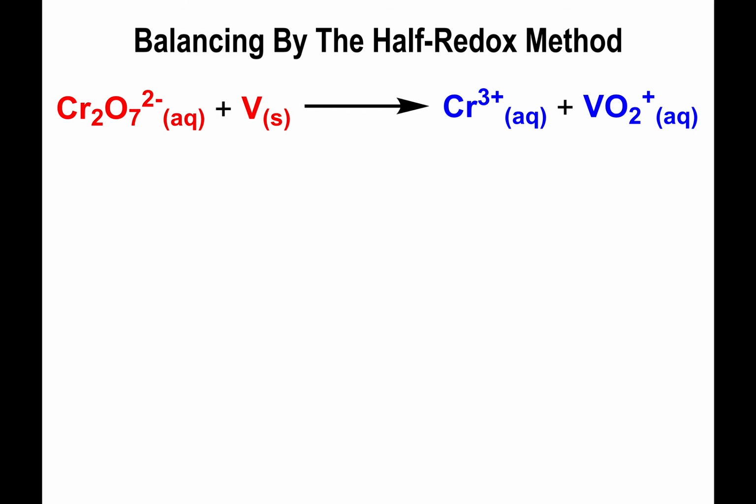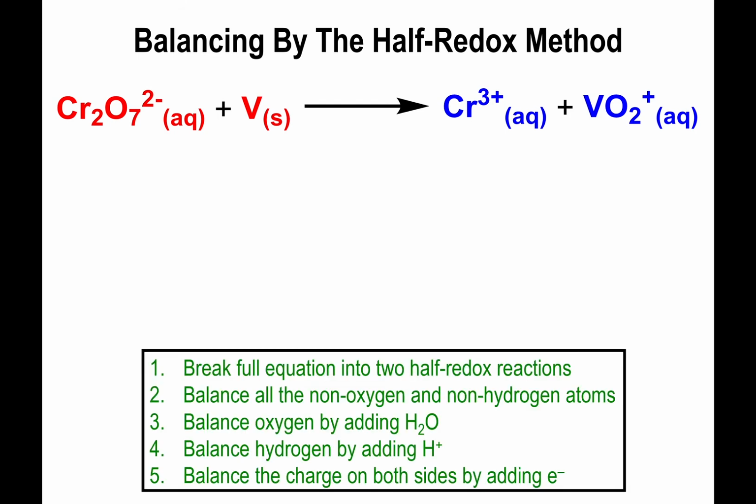But let me show you how the half-redox method goes, and then you make the decision as to whether you like it or not. All right, so what you do in the half-redox method is to first break the equation into two halves. One half has to contain the same two non-oxygen, non-hydrogen elements within it. The other equation will have to contain the other non-oxygen, non-hydrogen element within it.